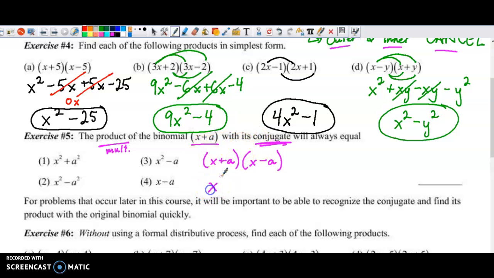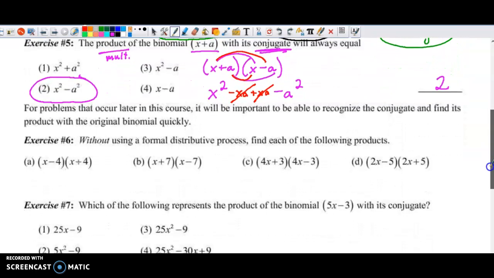So as you multiply out the first and the last, you will get x squared minus a squared. But if you don't believe me, go ahead and do the full FOIL. Maybe I'll even change colors to emphasize. The outer term would be negative xa, and the inner term would be positive xa. So those two things will cancel. So you would be correct to skip that part. The correct answer is option 2.